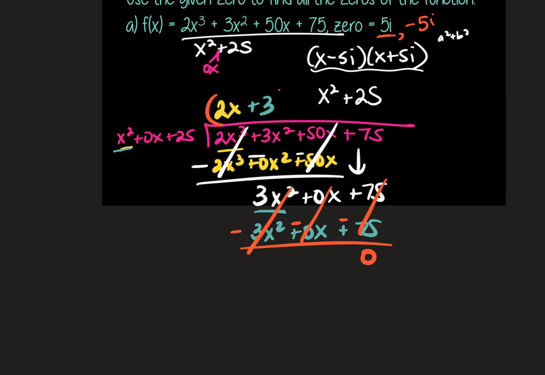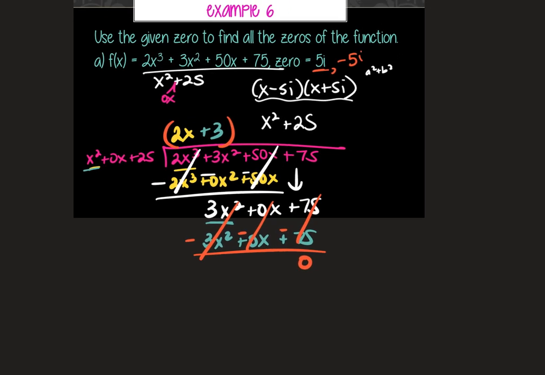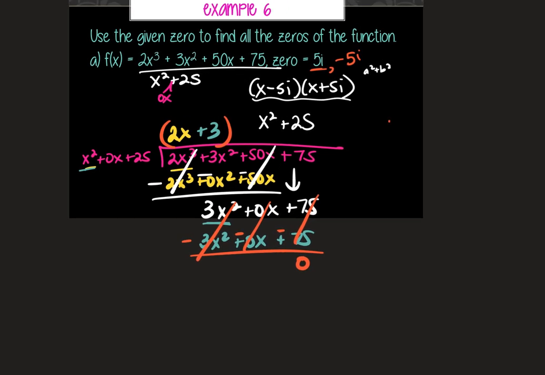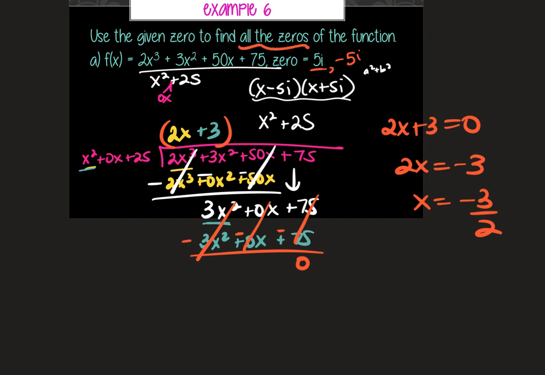So then this is my remaining factor. And when I set that equal to 0, I get my remaining 0. So because it says use the given zeros to find all the zeros, I would list the one they gave me, the one I added on, and the one I just found.